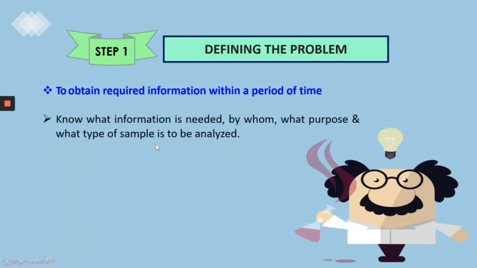So you know what information is needed, by whom, for what purpose, and what type of sample is to be analyzed. By now you must know where to collect your sample, who will provide the sample for you, and how you will do the sample collection. All of this defining the problem depends on equipment available, cost and time involved.